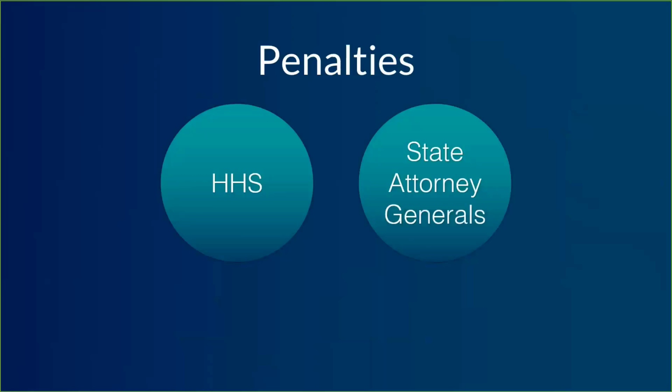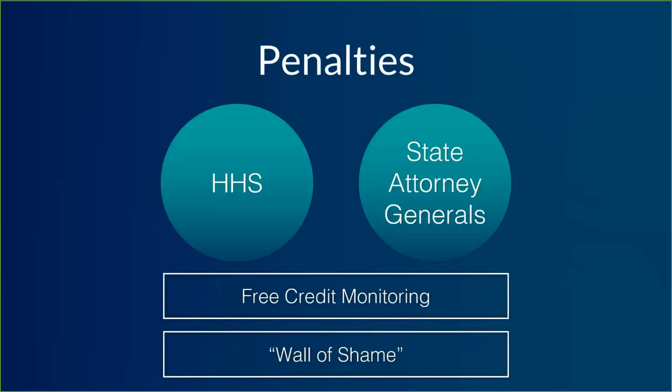Those penalties can be up to $25,000 per violation category per calendar year. Now, there are a couple of other things that will cause someone to take a financial hit after a breach that are not precisely categorized as penalties, but because they do have an impact, I wanted to mention them. First up, we've got free credit monitoring.